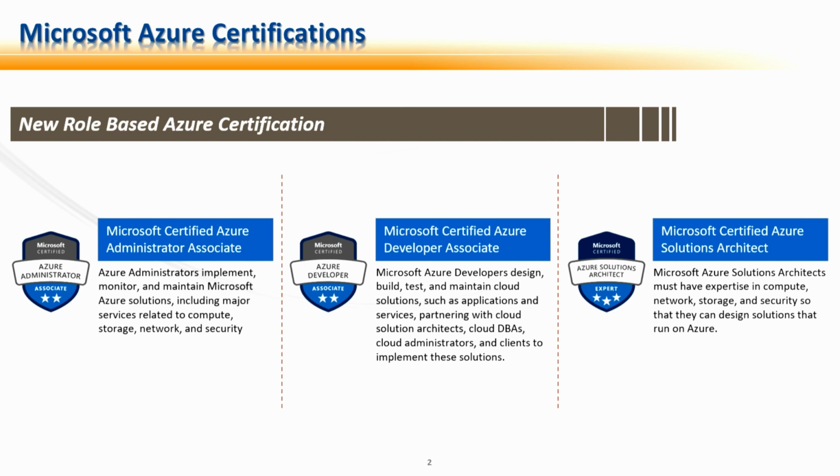For Microsoft Azure Administrator Associate, we have AZ102, whereas for the Microsoft Certified Azure Developer Associate, we have AZ202 as a transition examination. For Microsoft Certified Azure Solutions Architect, we have AZ302 as a transition certification. And these certifications are a must to continue their old certificates for the people who have completed the previous versions of the certifications.